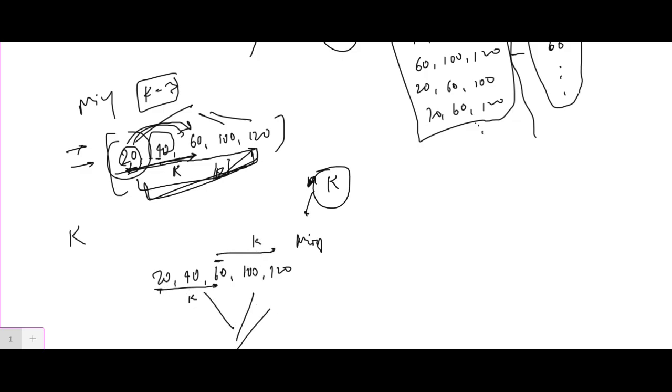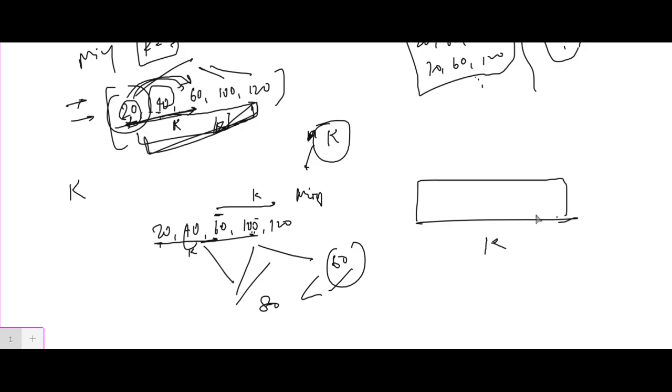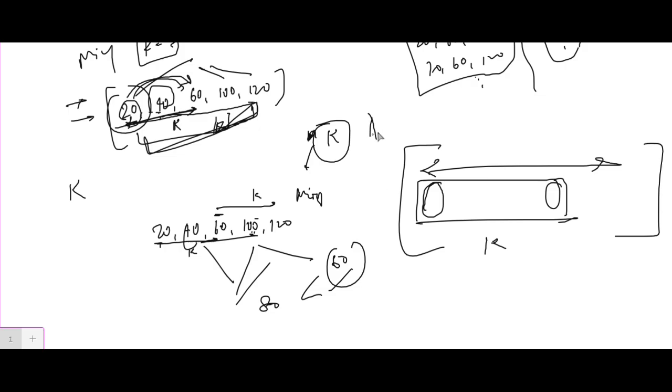We cannot take 40, 100, 120, because the difference will be 80, but for 40 and its closest k elements up to 100, the difference will be 60, which is smaller. So the idea is to take a window of size k, find the difference between its first and last index, and slide this window through the array. That is our approach.